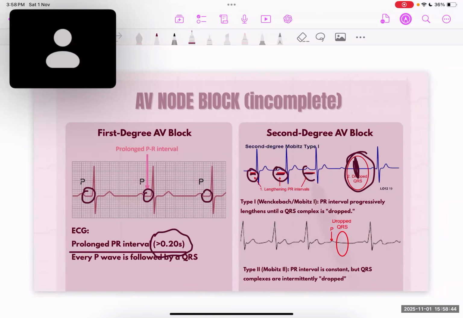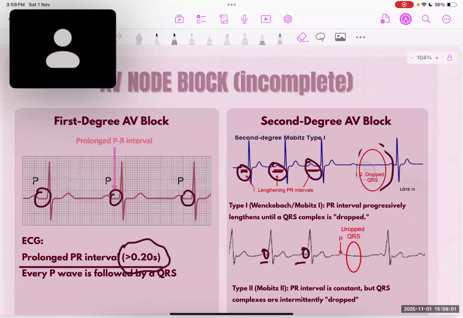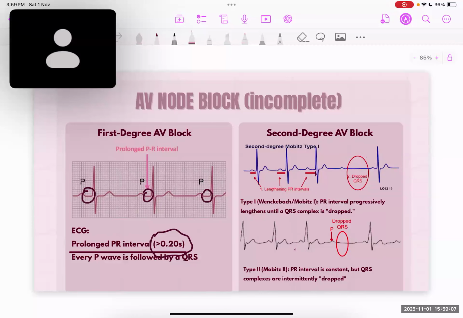It gets longer and longer, and then there's a drop. For type 2, the PR interval stays constant. It's not getting prolonged. It's the same, but you're going to have a dropped QRS out of nowhere. Is that clear? This is the difference between the two. For type 1, there is a prolonging in the PR intervals. For type 2, there is no prolonging. Both of them have a dropped QRS.